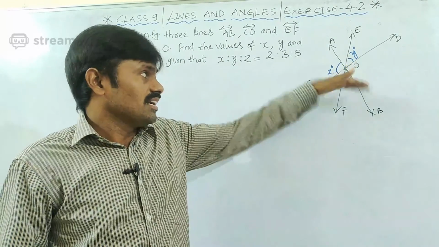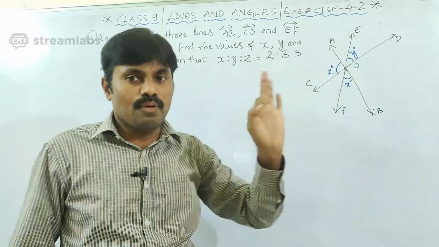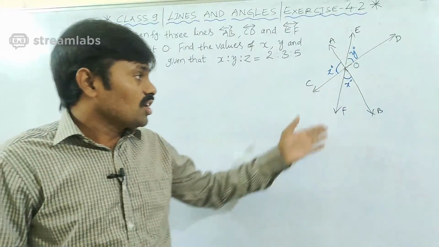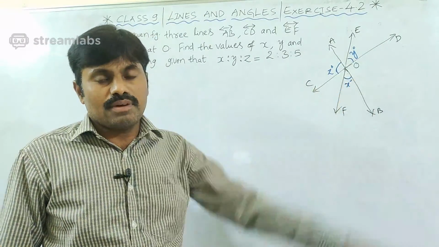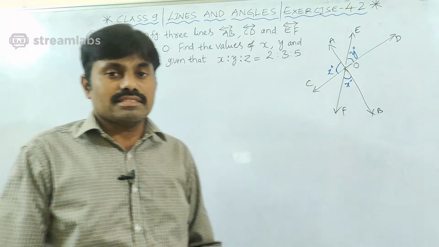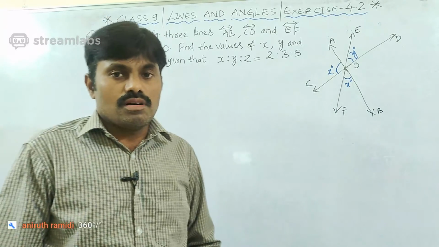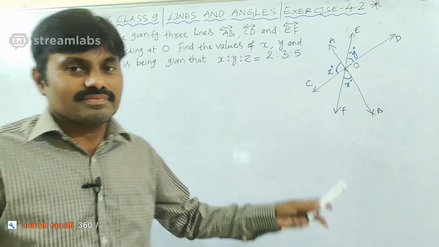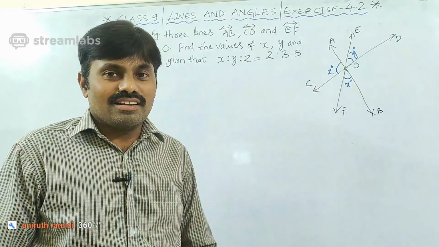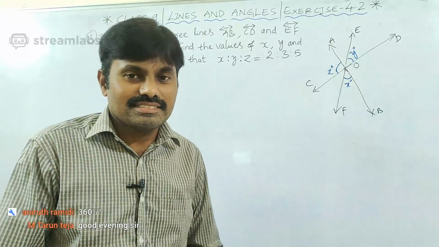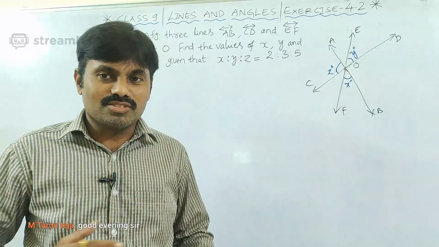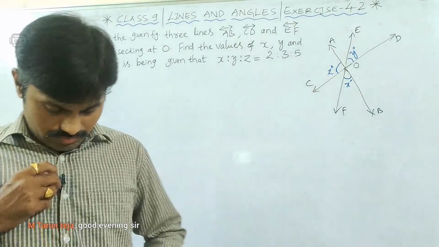If three or more lines are passing through the same point, what do we call such type of lines?